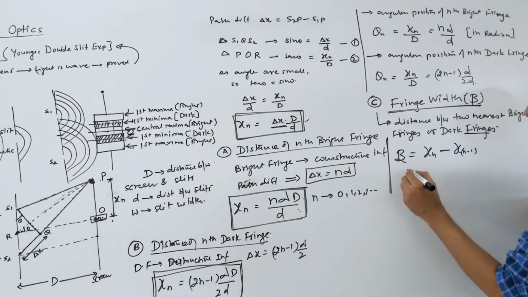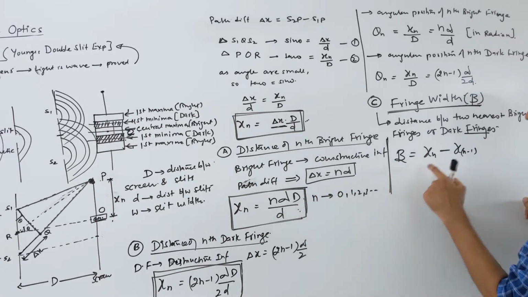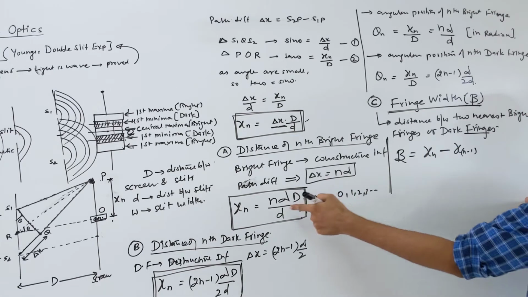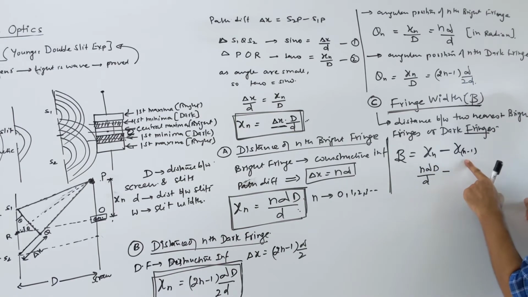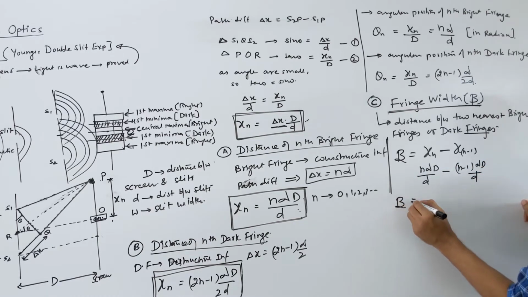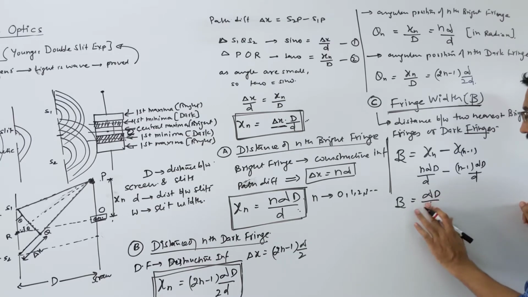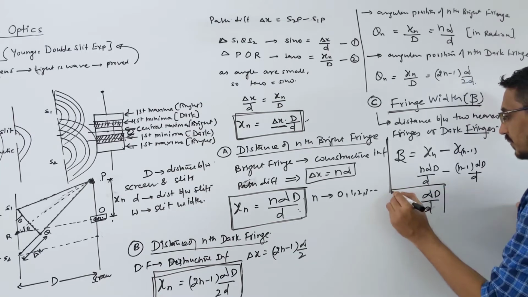So suppose we talk about bright. This is the formula for bright. What is the distance of the nth bright fringe? This is your formula: n lambda D by d, minus the (n minus 1)th fringe, which means (n minus 1) lambda D by d. So what does the answer come to? The n terms get cancelled, so you are getting simply lambda D by d. This is called your fringe width.